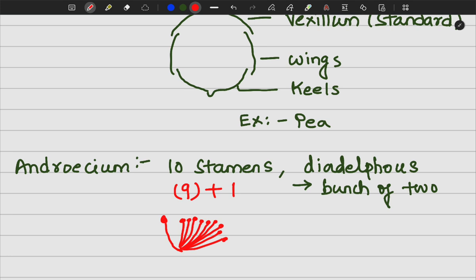So this kind of arrangement is called diadelphous, which is usually seen in the Fabaceae family. There are a total of 10 stamens arranged in the form of 9 fused into one bunch and one single stamen alone. And the anthers are dithecous.